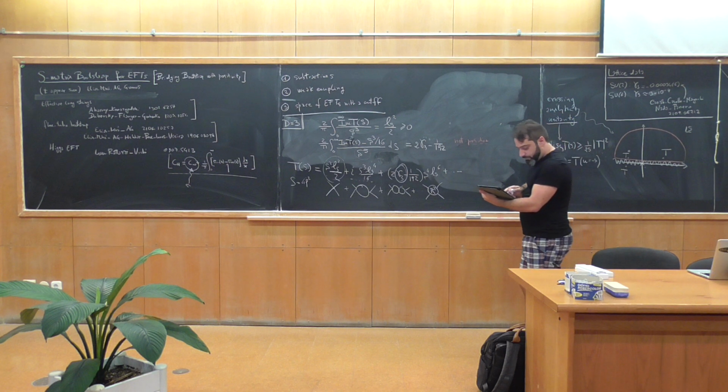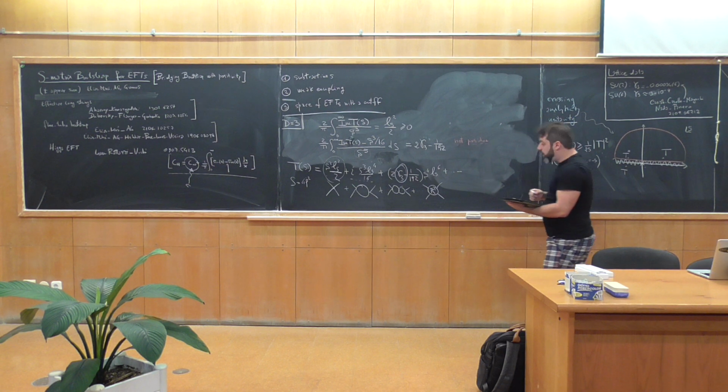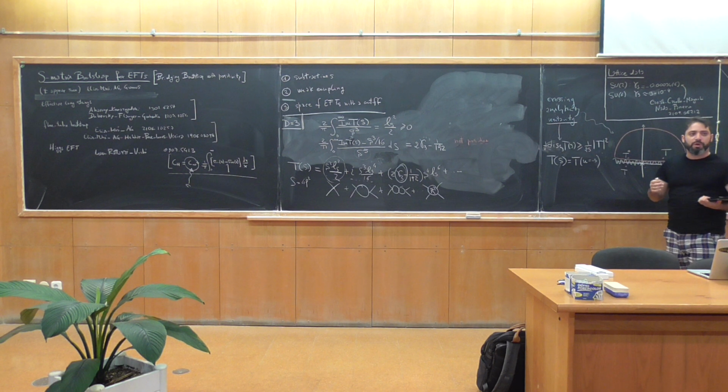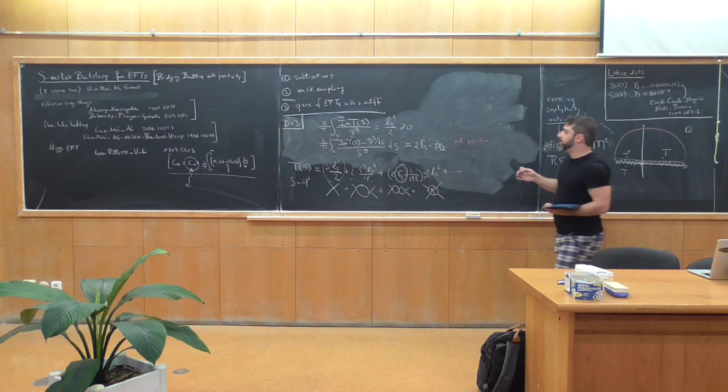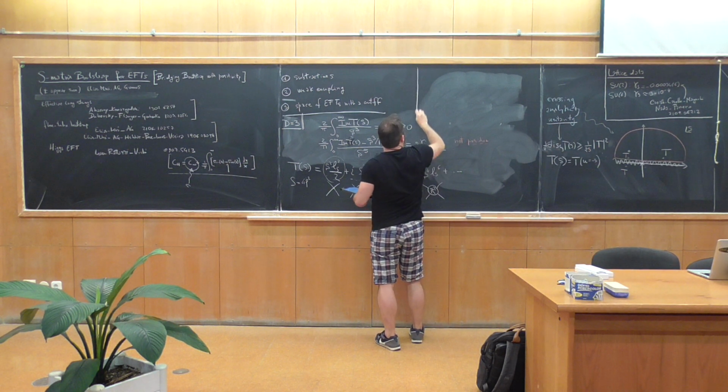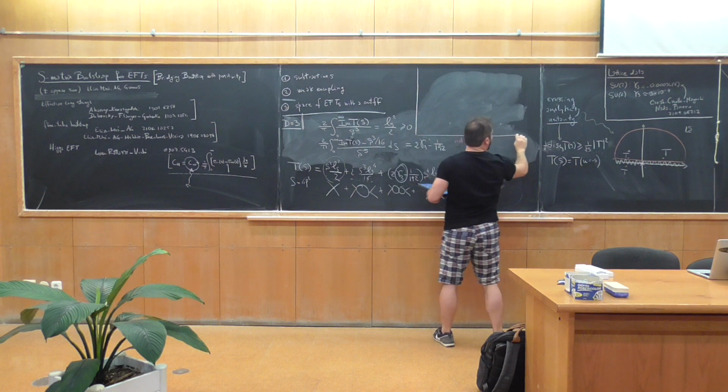Okay. So now let me use this example just to remind you how the usual primal numerical bootstrap works in this very simple setup.